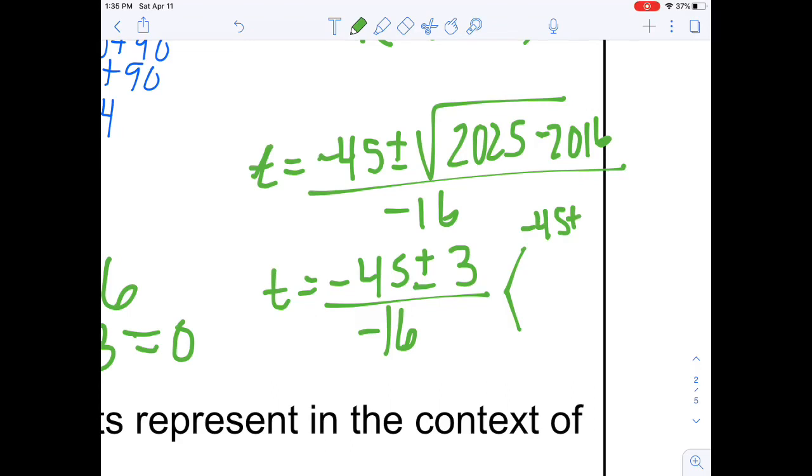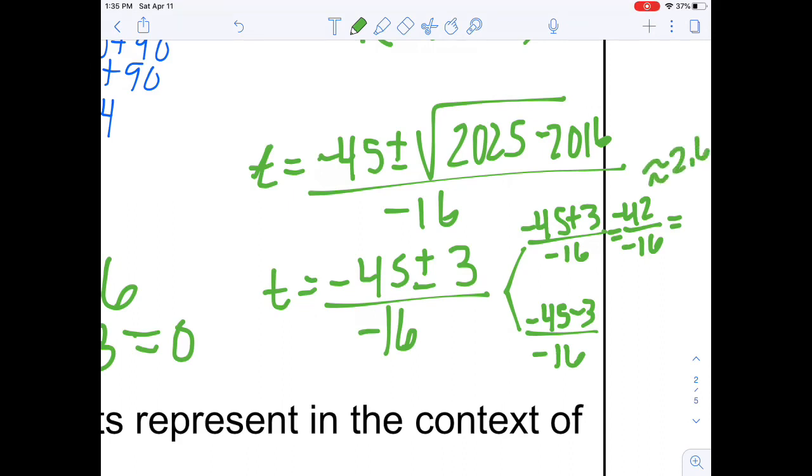Okay, so now I'm going to do 2 equations here. Negative 45 plus 3 divided by negative 16, and negative 45 minus 3 divided by negative 16. So negative 45 plus 3 is negative 42, divided by negative 16. When I divide that, I get approximately, rounding to the tenth, 2.6.